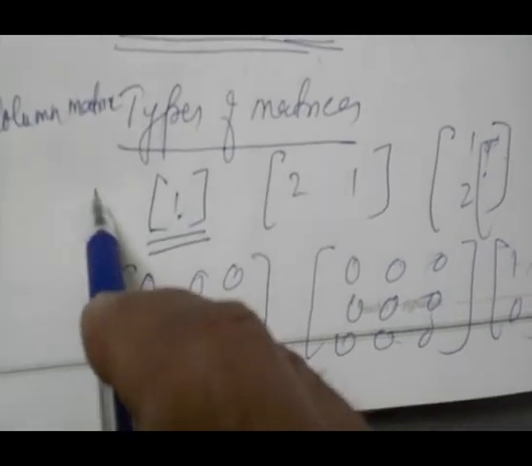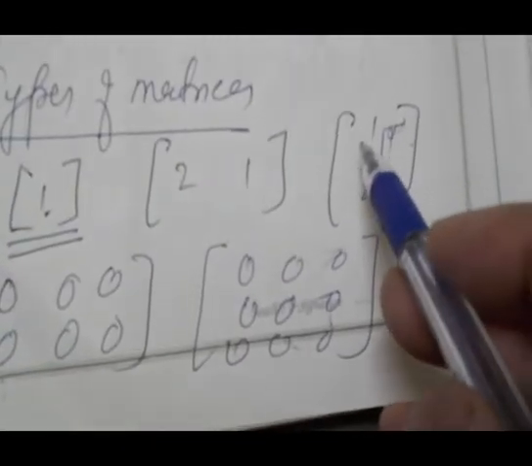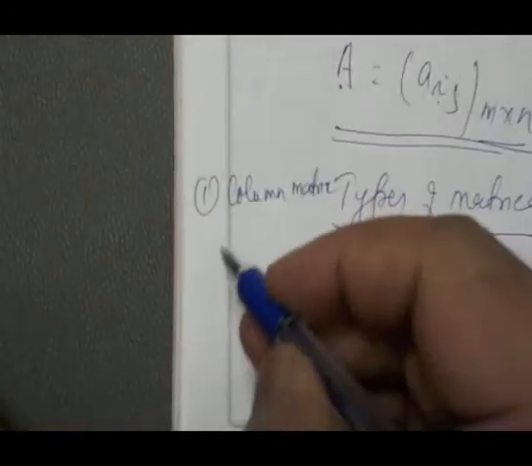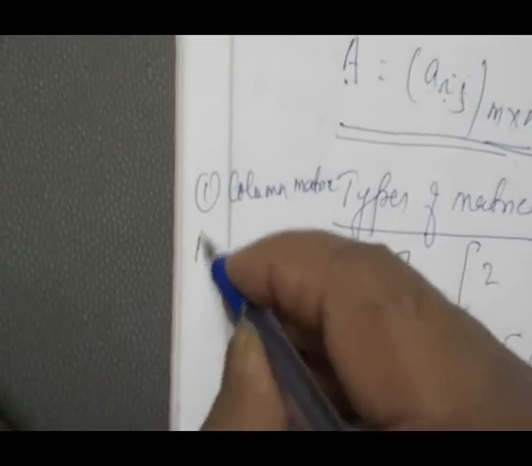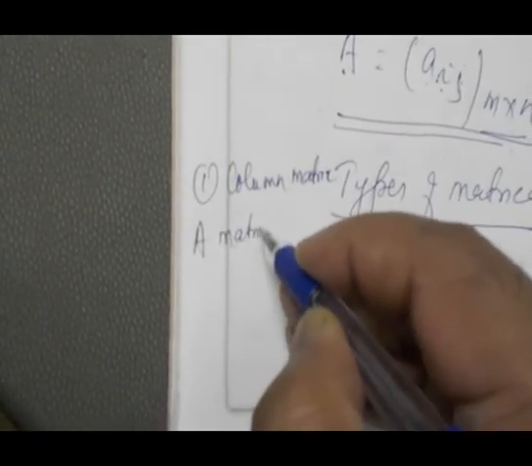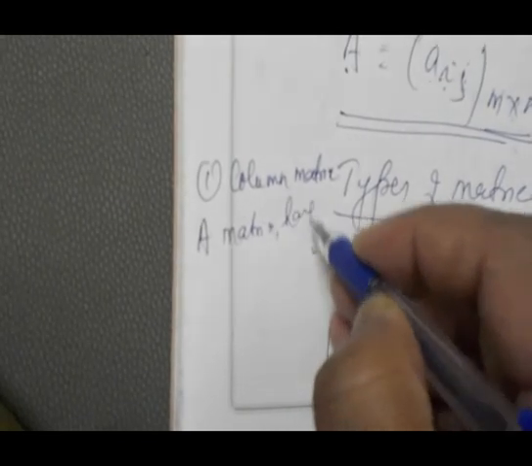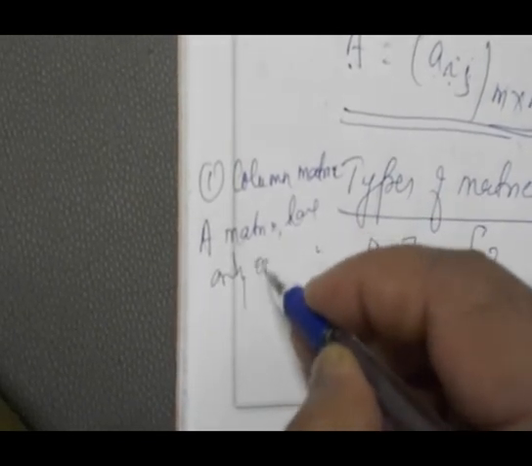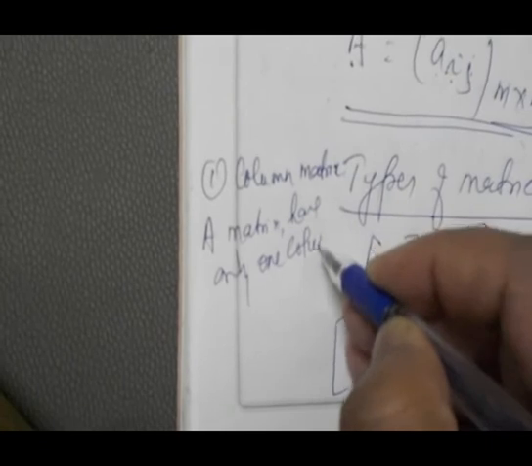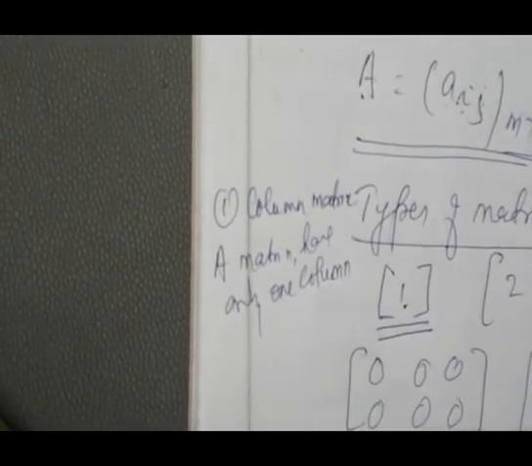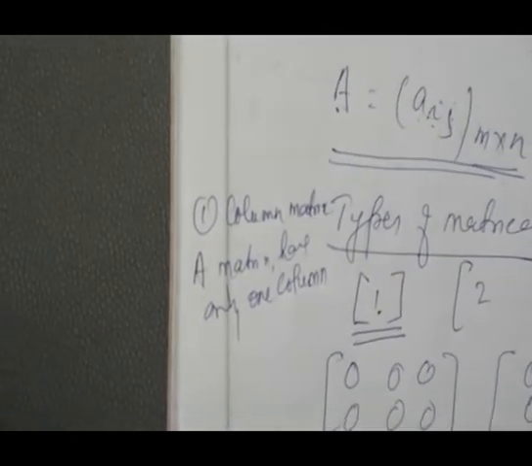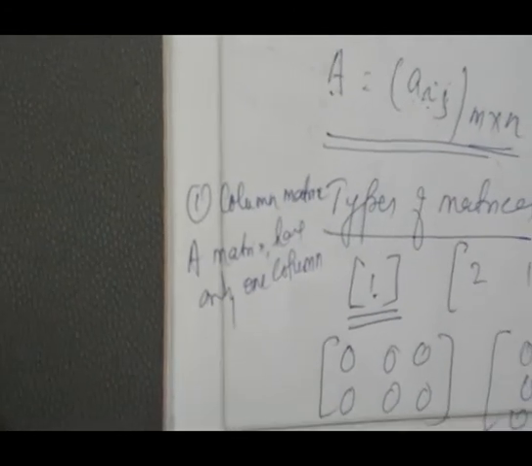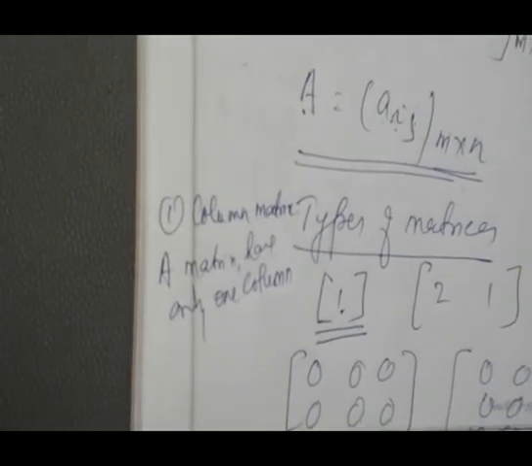Here the number of rows is 1, here the number of rows is 2. So a column matrix can be defined as a matrix having only one column. There is no need to say how many rows there are; it may be 1, 2, 3, 4, 5. The number of columns is 1.